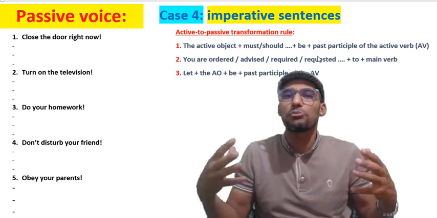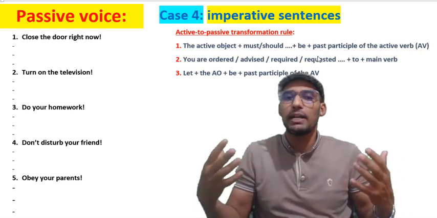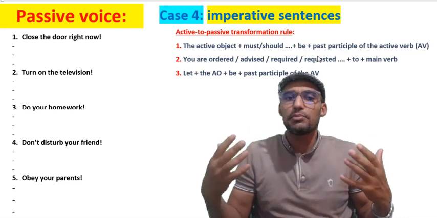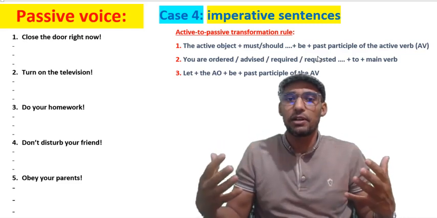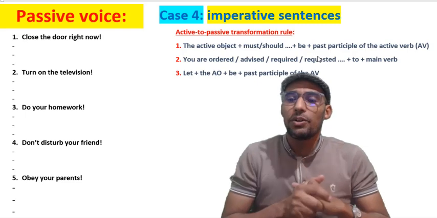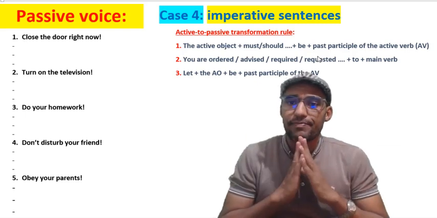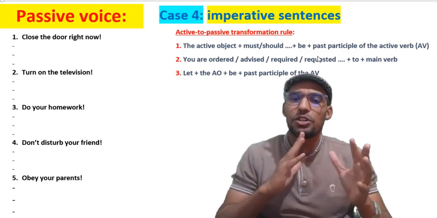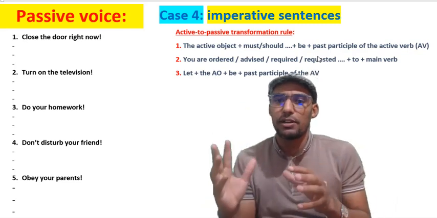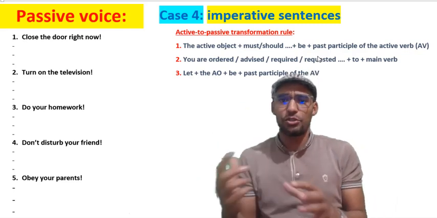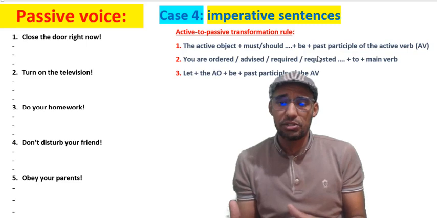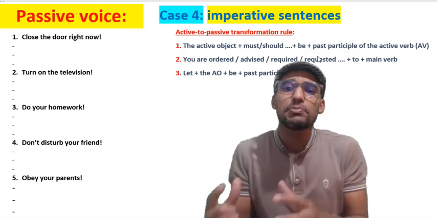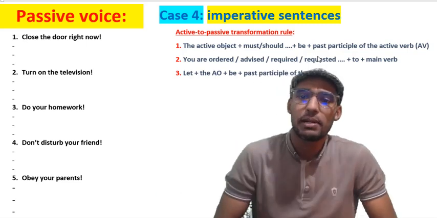The past participle should be there so that we can talk about a statement in the passive form, right? Okay, so this is one way, guys, to do it, right? We can start with our active objects, and then the must or should or whatever, the modal auxiliary that serves the meaning of our statement, plus be plus the past participle.